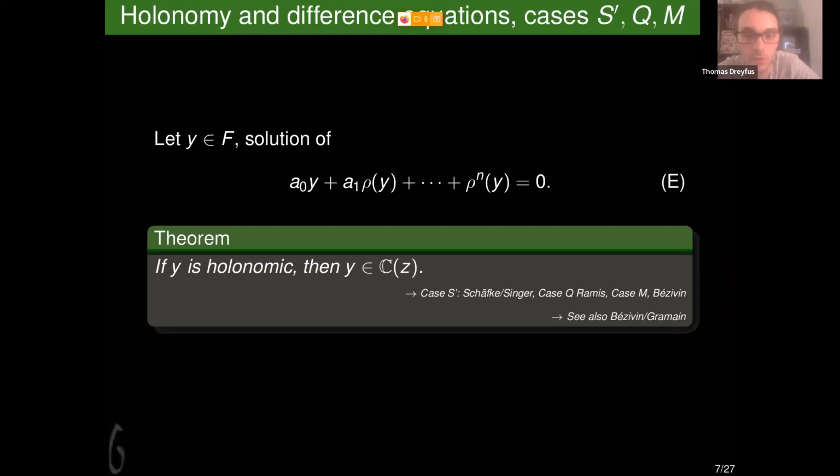The original proof in the case Q was made by Ramis and in the case M by Bézivin. They proved this theorem totally independently. In a more recent paper, Schäfke and Singer give a very unified way to see this theorem, and they prove the theorem for the cases Q, M, and S.